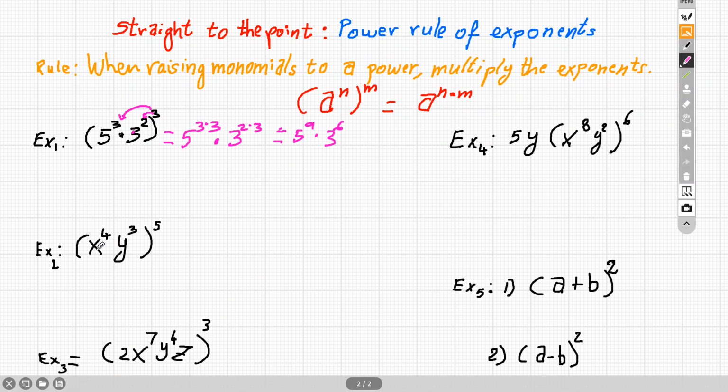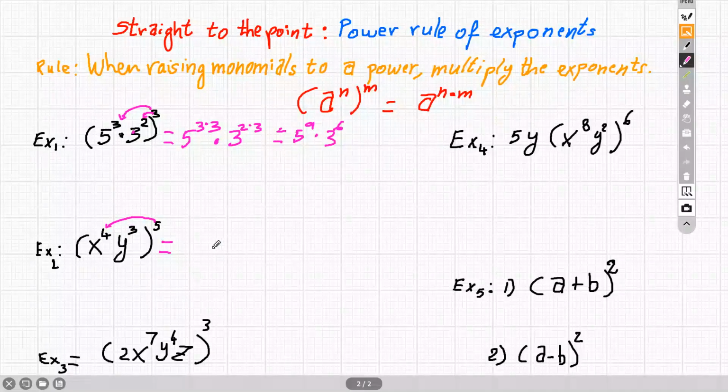Okay, so x to the fourth power times y cubed, all raised to the power of 5. So again, applying the rule, you distribute the exponent to all exponents that are inside the parentheses. So that would be 5 times 4, that's 20.